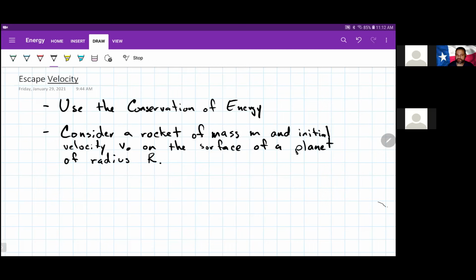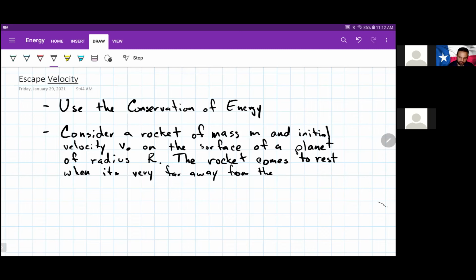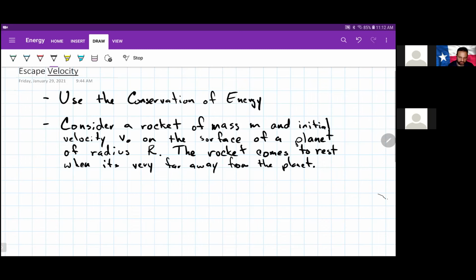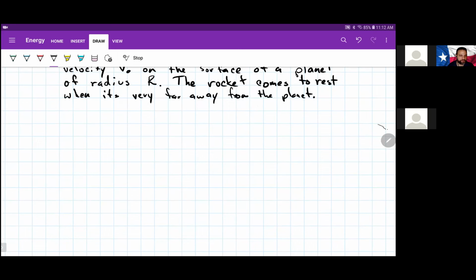Yeah, but we're not there yet. The rocket comes to rest. Sorry, I couldn't read my handwriting. The rocket comes to rest when it's very far away from the planet, right? So that just means it stops, right? It stops at some point really far away.